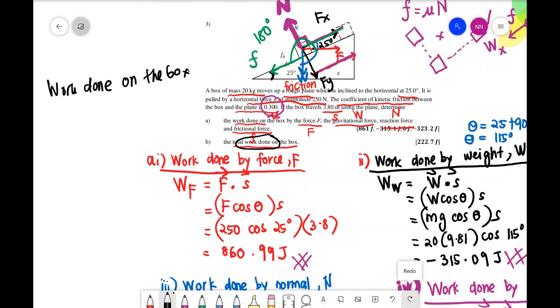If the question asks you for work done on the box, that means it is the work done total. If the question asks you for work done on the box by a specific force, you just calculate work done by that force only. If it doesn't say by which force, that means the question asks you for the total work done. Alright.